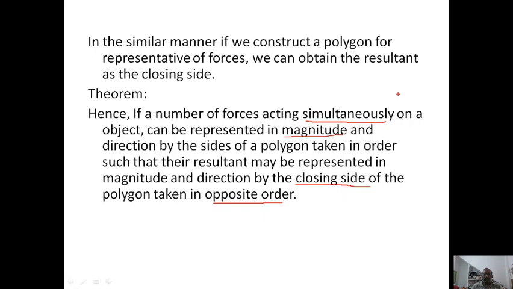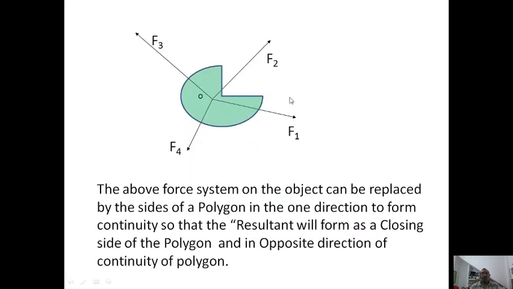You see, this is the system. If an object in a plane has four forces acting at a concurrent point, this can be replaced by the Polygon law of forces to get the resultant.